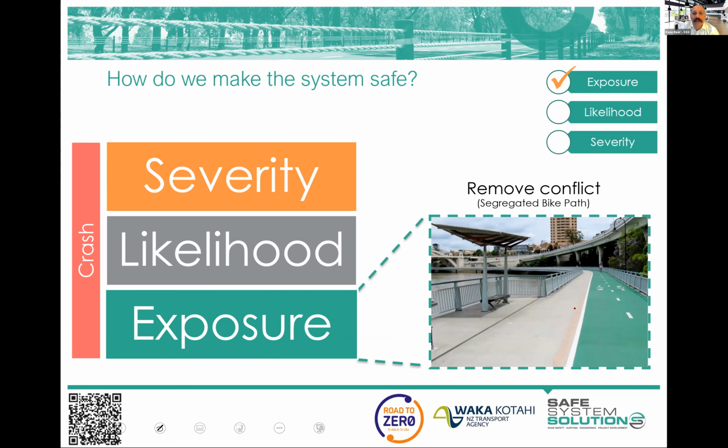But it becomes a little more challenging when you're separating by a little bit of curbing, or you separate by a bit of nature strip, or the like. Is that changing the exposure to crashes, or is it changing the likelihood of crashes? And that becomes a bit of a tricky one. So we've actually created a fact sheet on that topic to help people in their safe system assessments make sure they categorize those. And I'll show you those shortly.